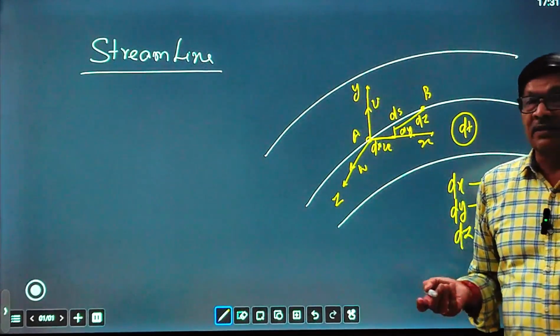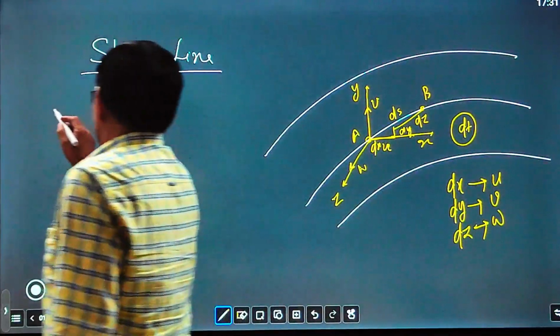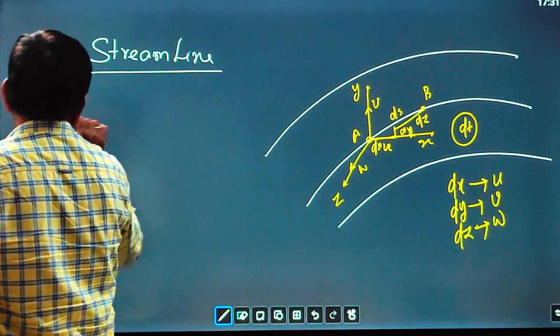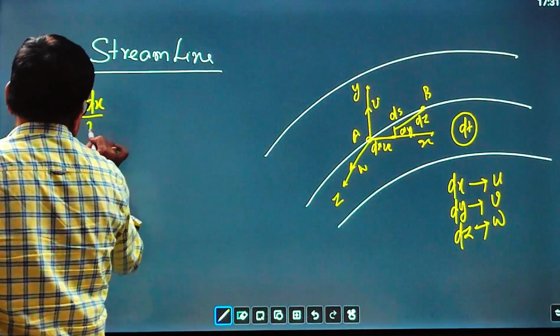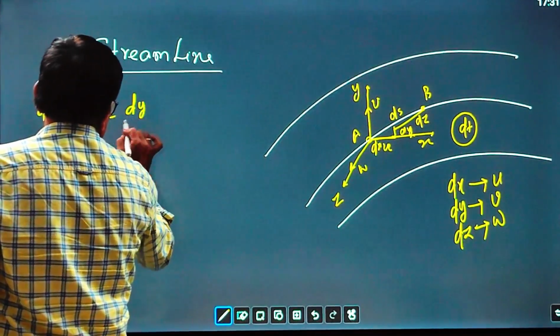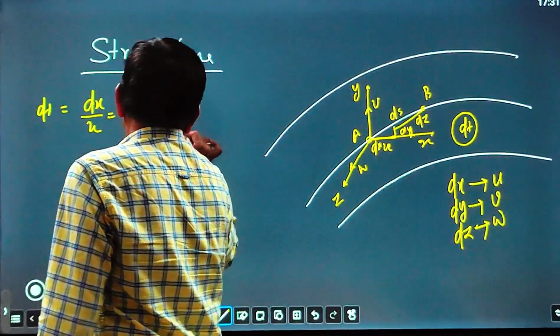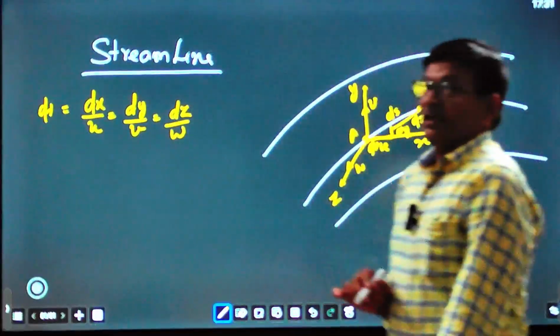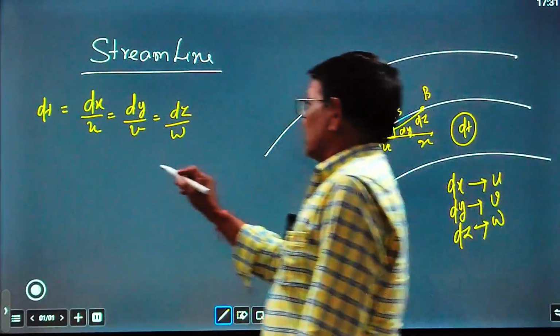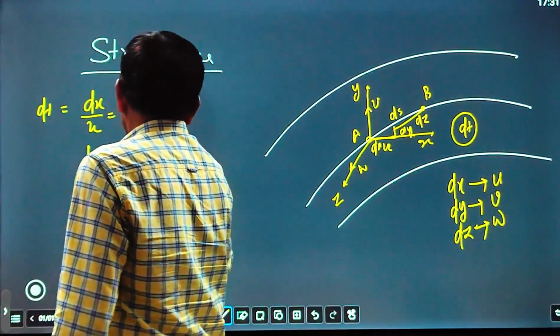The time interval is the same: in the same time interval dt, the particle covers distance ds. So these are three components of velocity responsible for traversing distances dx, dy and dz, and the time interval remains the same. dt equal to dx upon u equal to dy upon v equal to dz upon w.